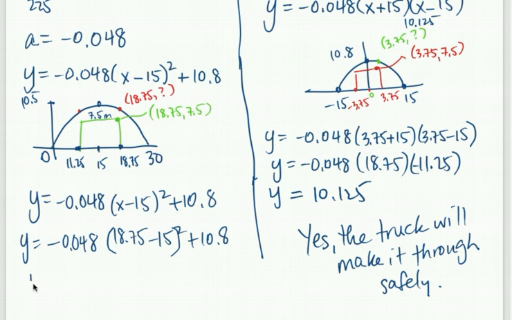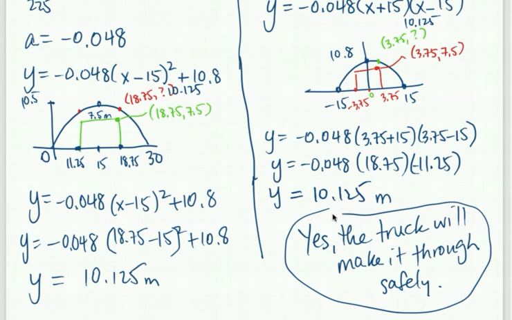Okay, and we'll find that the y value here is just like the one over on the other side. Okay, so we know that it is tall enough for the truck to make it through safely. Okay. All right, so again, a tricky one.